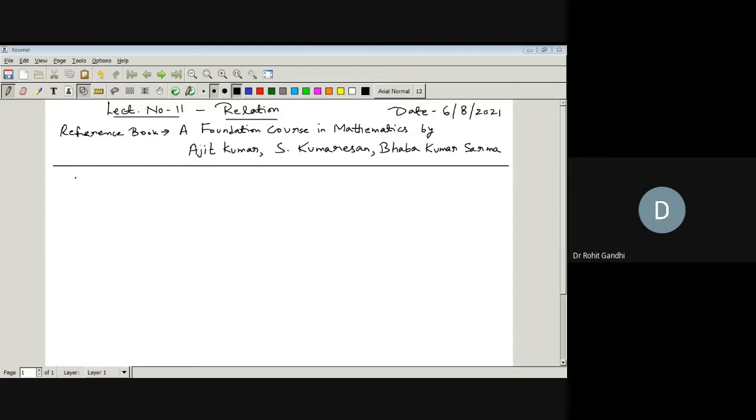We have talked about relation, what is a relation on a non-empty set X. We have seen that it's a subset of X cross X. So R is a set of ordered pairs, where x and y have some relation between them, x is related to y, and this pair (x, y) belongs to X cross X. This subset we call a relation, and we have seen different types of examples for our relation.